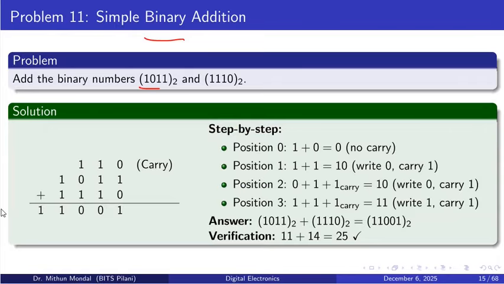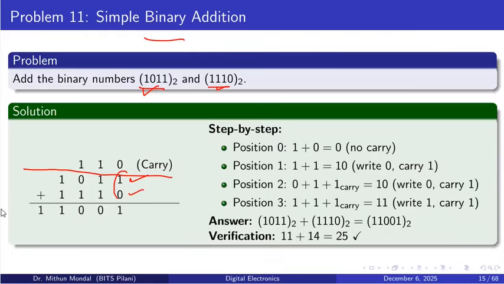So we are going to add these two numbers which are in the binary number system, and if you observe these two numbers, we have so many bits. So let us see the addition. We have taken the first number 1011 and the second number 1110.